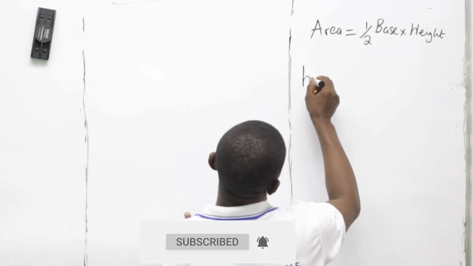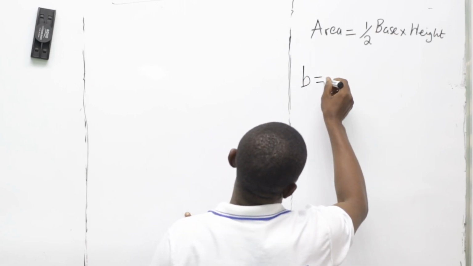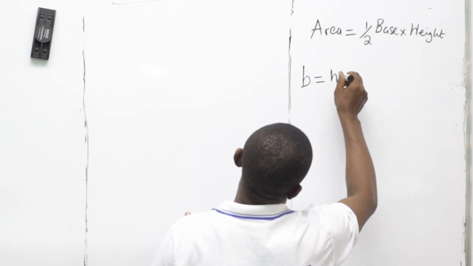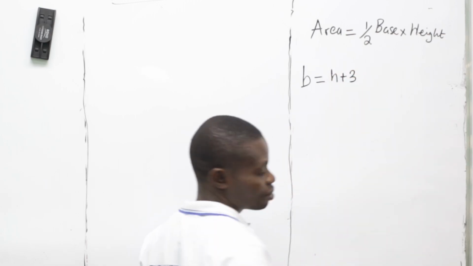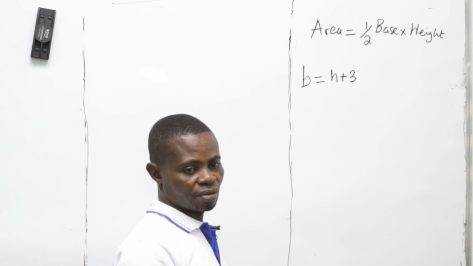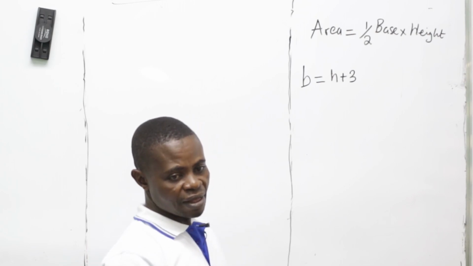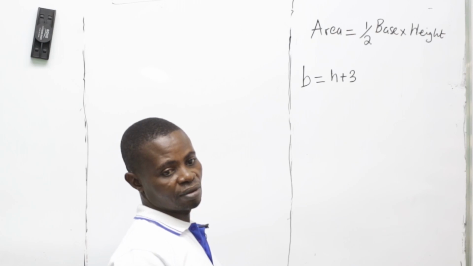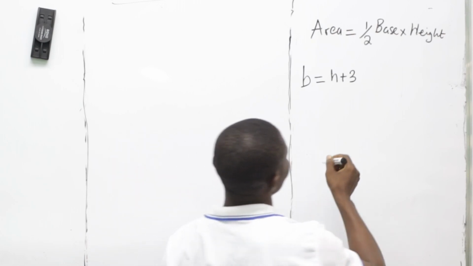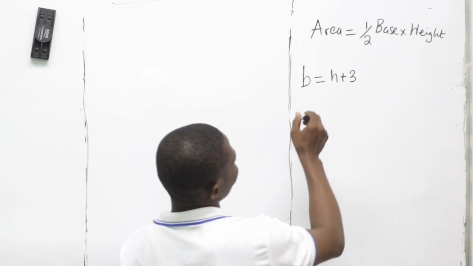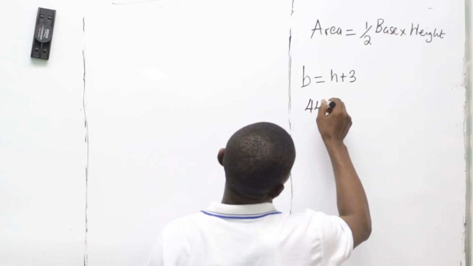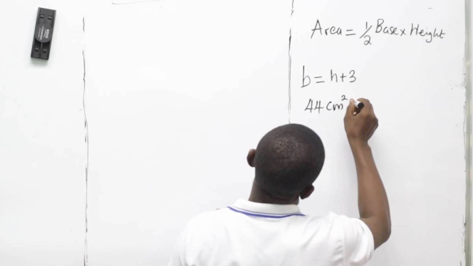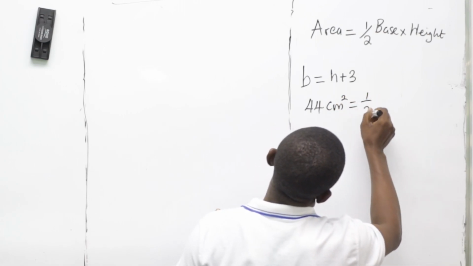That is, B equals height plus 3. Find the length of the triangle. What is our area? 44 centimeters squared equals 1/2 base.